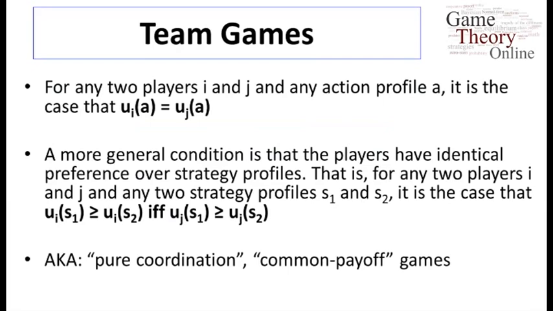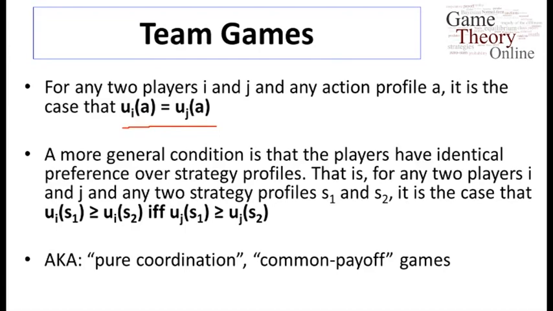From the formal point of view, the games are defined as follows. The most straightforward way to define it is to say that for any possible action profile in the game, each of the players gets the same payoff, which is what we saw in the previous example.